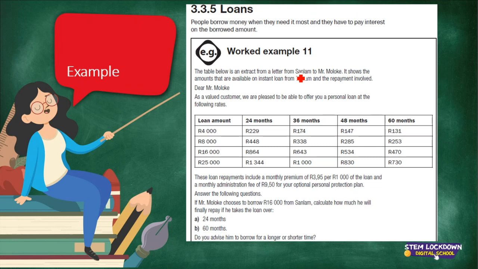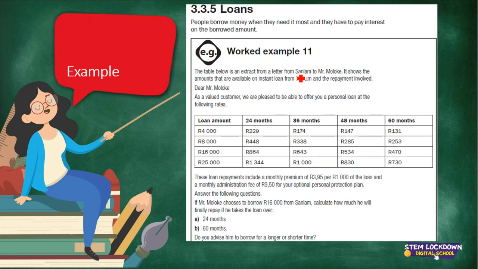Okay. Now that we understand this, basically for every amount, the same principle applies. If he's borrowing 25,000, he'll have to pay 1,344 per month for 24 months, and so on. Now, the next thing they tell us is that these loan payments include a monthly premium of 3 rand 95 per 1,000.